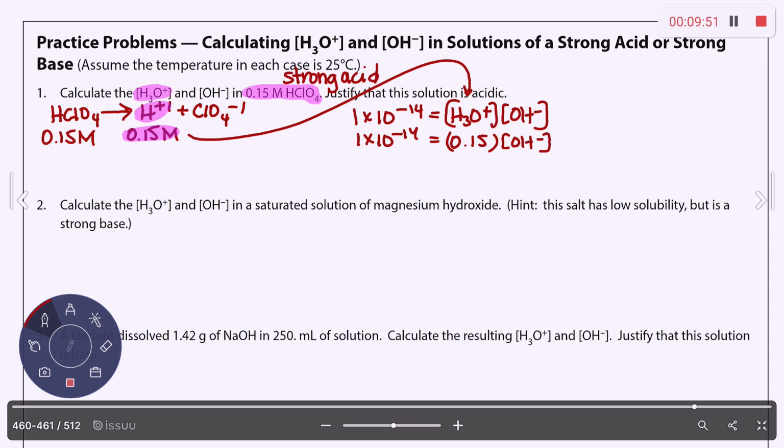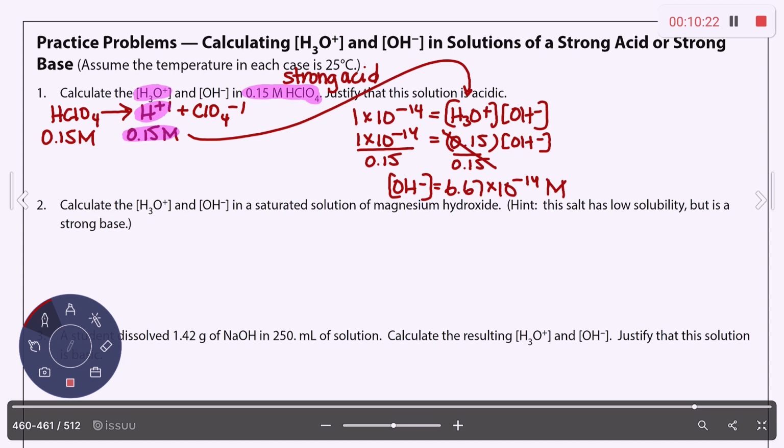And then you can solve for hydroxide. So how would I solve for hydroxide? Yeah, divide both sides by 0.15. So this cancels. You're going to end up with 6.67 times 10 to the negative 14. They want us to justify that this is an acidic solution.